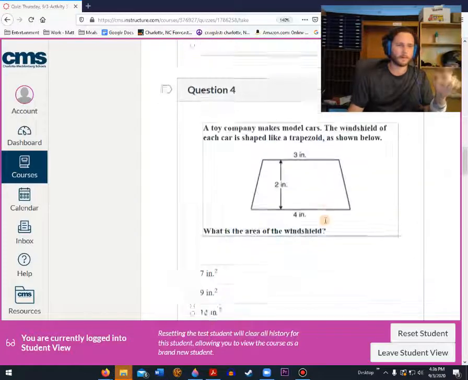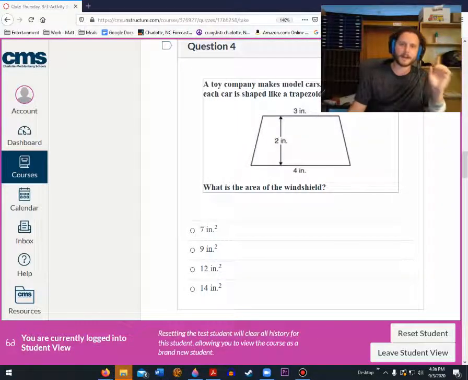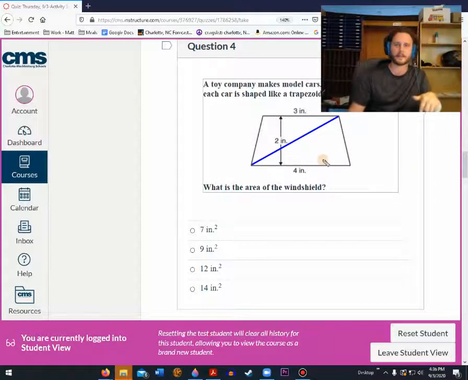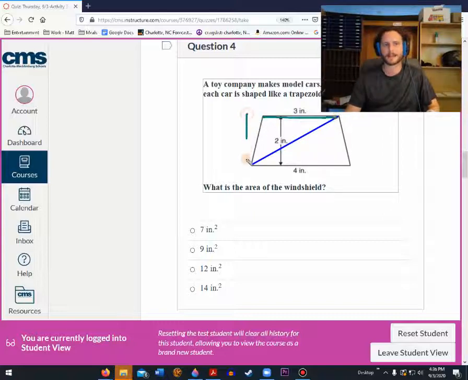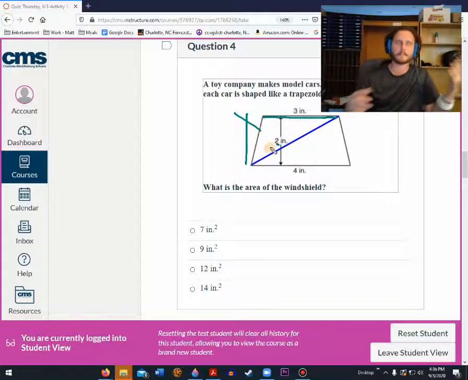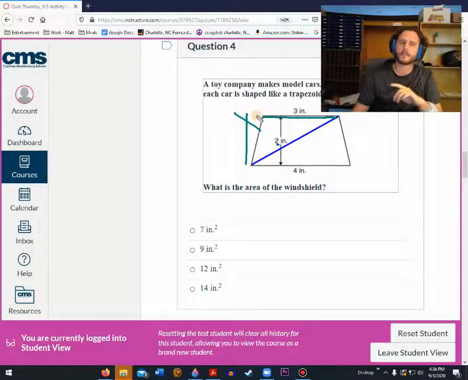Moving on, number 4. Trapezoid. I know I'm going to cut this into 2 shapes, 2 triangles, just like that. Triangle on top, triangle on the bottom. My top triangle has a base of 3 and it has a height of 2. So I know 3 times 2 divided by 2. 3 times 2 is 6, divided by 2 is 3.